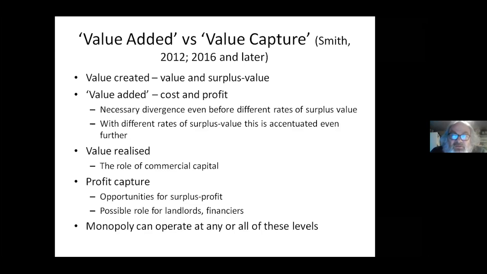And he's reopened the question of labor superexploitation, which is to be welcomed. Now, the issue is unpacked a bit more in the contribution I'm offering today, right? Which is we have value created in the realm or domain of value and surplus value, and we have value added, which is cost and profit.